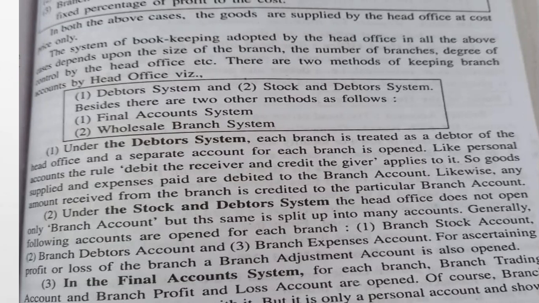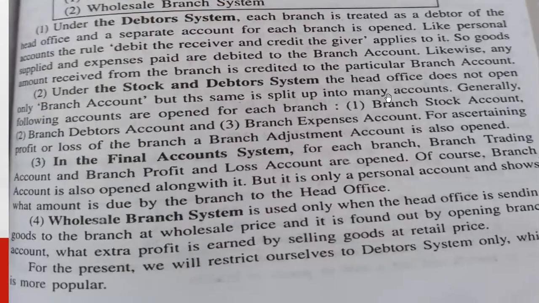Okay. In the final account system, for each branch, a branch trading account and a branch profit and loss account are opened. Means for each and every branch we are making final accounts. That is called the final account system.